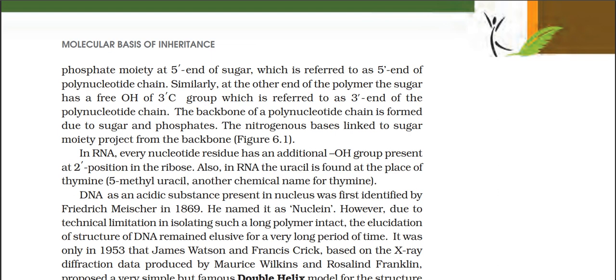The nitrogenous bases linked to the sugar moiety project from the backbone, figure 6.1. In RNA, every nucleotide residue has an additional OH group present at the 2' position in the ribose. Also, in RNA the uracil is found at the place of thymine, 5-methyl-uracil being another chemical name for thymine.